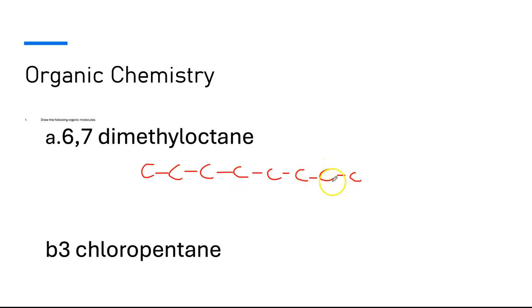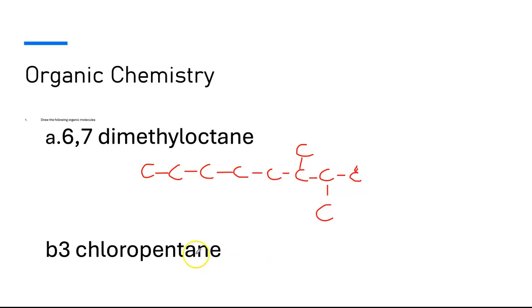All right. And so I'm not really sure about this one. So if this is my 8th carbon, because it's way down here, this would be carbon 6, this would be carbon 7, and so we're going to have a methyl group off carbon 6 and carbon 7.